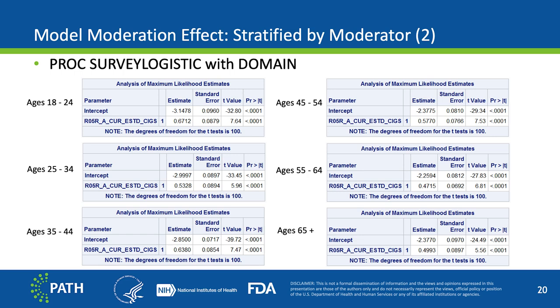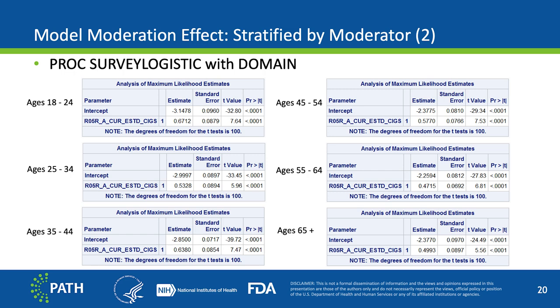The youngest age group has the largest estimate, or group difference in terms of log odds of having the loose teeth issue, and the smallest group difference is among the age group of 55 to 64 years old.